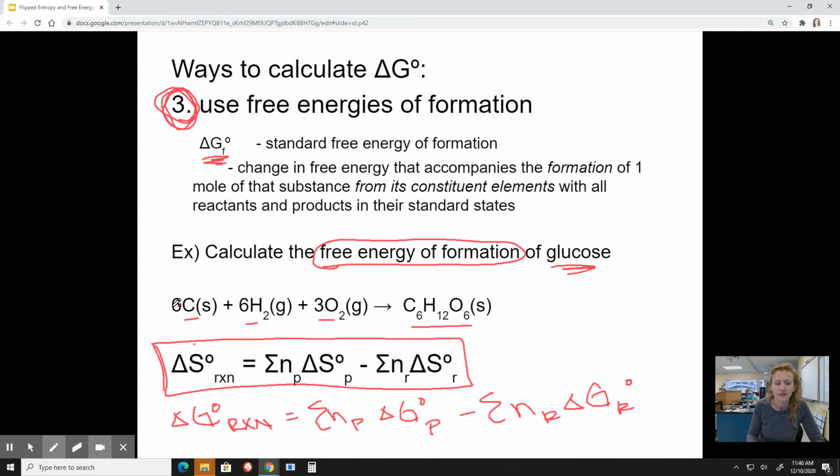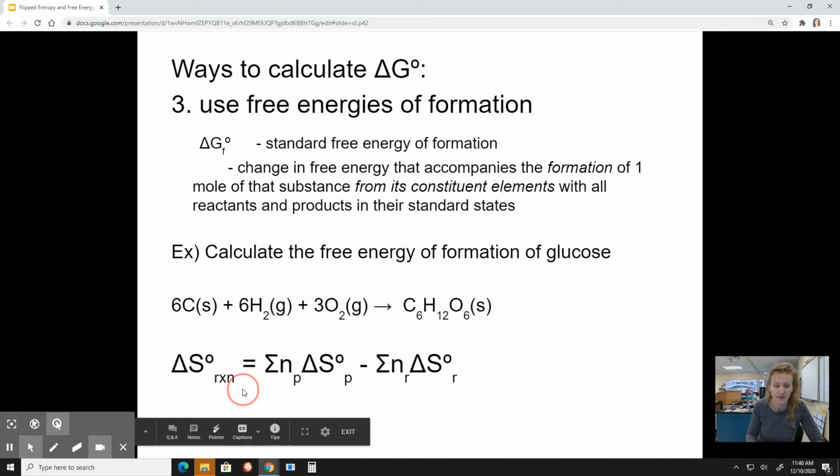Okay, anyway, in order to do it this way, we're going to have to look up all of these things in our appendix in the back of the book. And actually, this would be a good one to go through and do together as a class, since we just did one using the free energy of formation on that last example. So we'll go through and do this one together as a class.